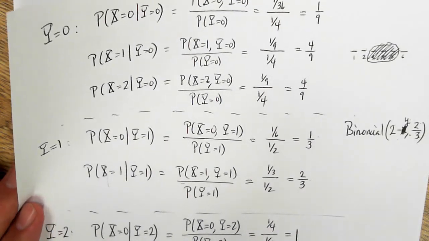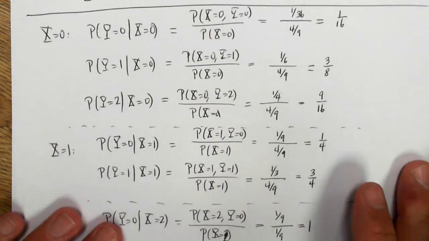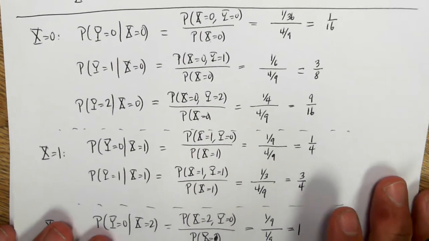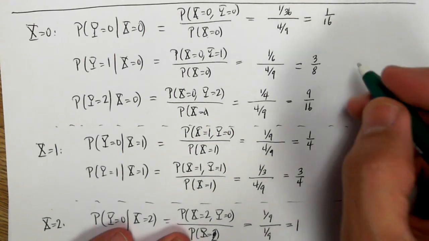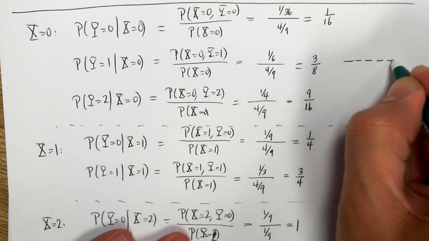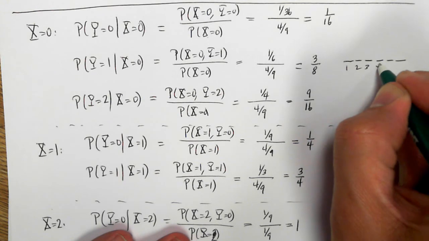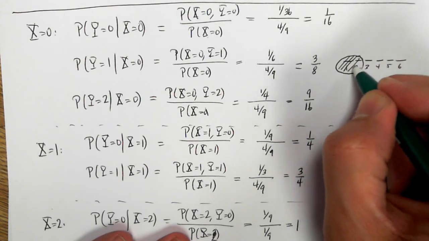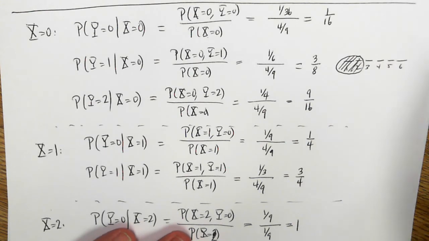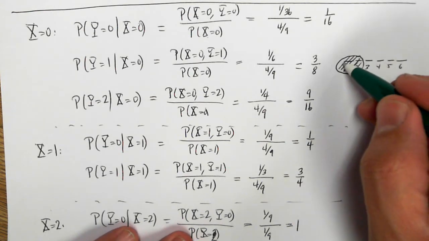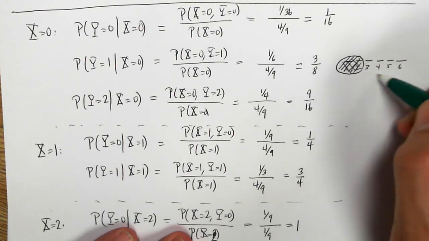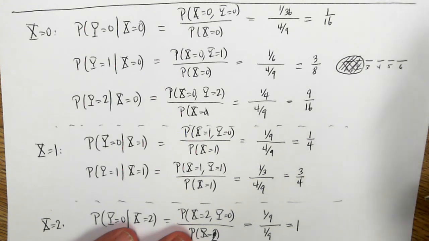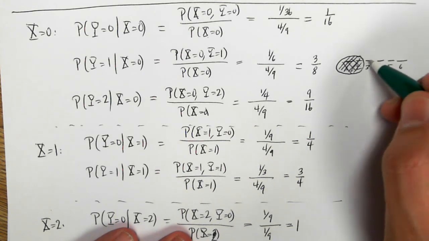So that's binomial 2 minus y, 2/3, and I can just simply write that down without doing all these calculations. Similarly, for the previous problem, we had this big list of conditional distributions. By the same logic, there are 6 possibilities when I roll the die, 1, 2, 3, 4, 5, 6. I am counting up the numbers of 1s and 2s, and then I throw them away. So if I take away all the 1s and 2s, of the 4 possibilities, 3 are favorable for y.